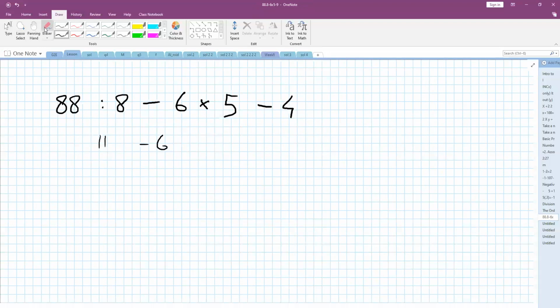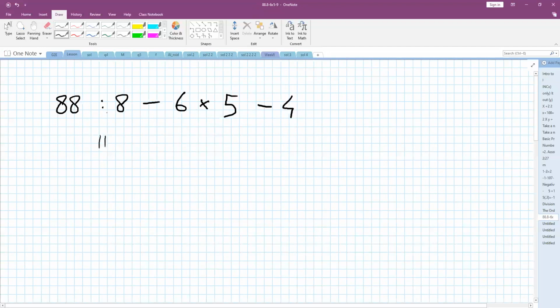Oh, okay. That's interesting. So actually be careful. Again, the first thing that you did was correct. So you divided this 88 by 8. Now what happened is, when you have an expression like this, the whole thing here, you have to look at the multiplication and the division first, where you can find them.